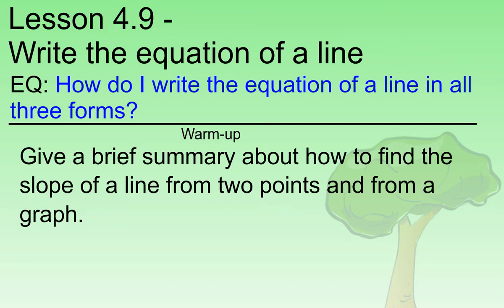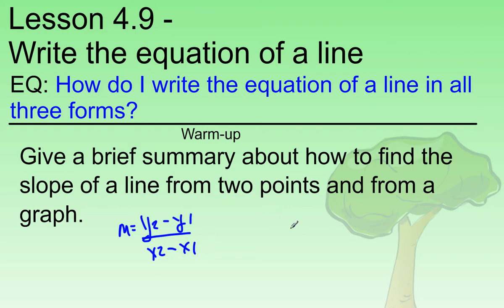The warm-up asks, give a brief summary about how to find the slope of a line from 2 points and from a graph. So if you did this already, your summary probably says from 2 points you use the formula m equals y2 minus y1 over x2 minus x1.